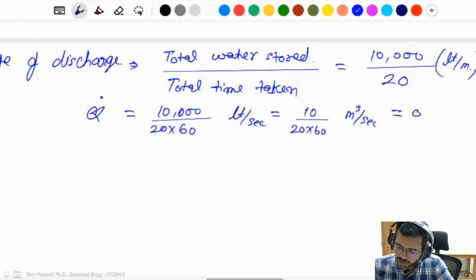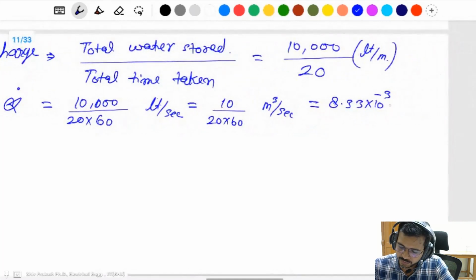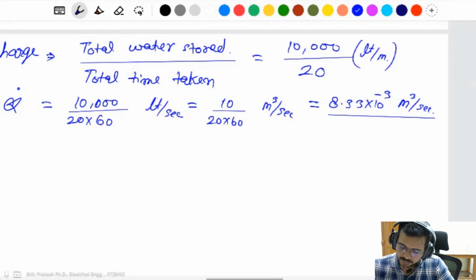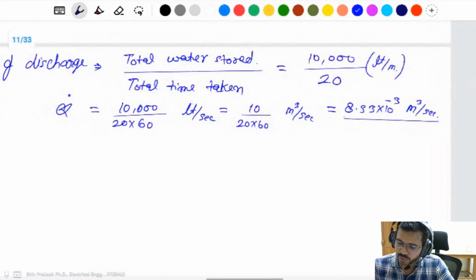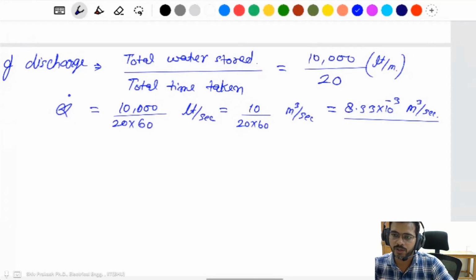This will be 8.33 × 10^-3 meter cube per second. Or you can say that 8.33 liters per second of water is discharged from the lower head to the upper head.